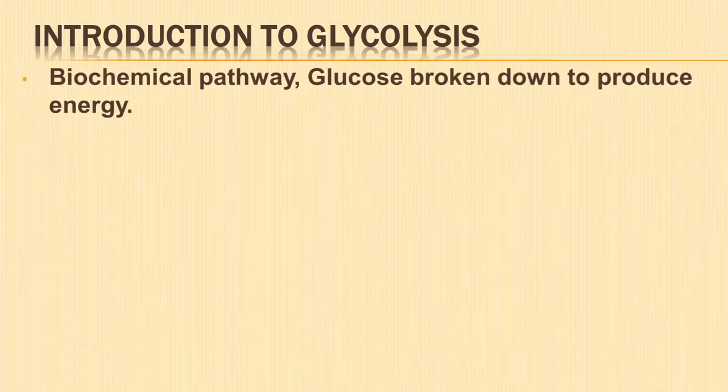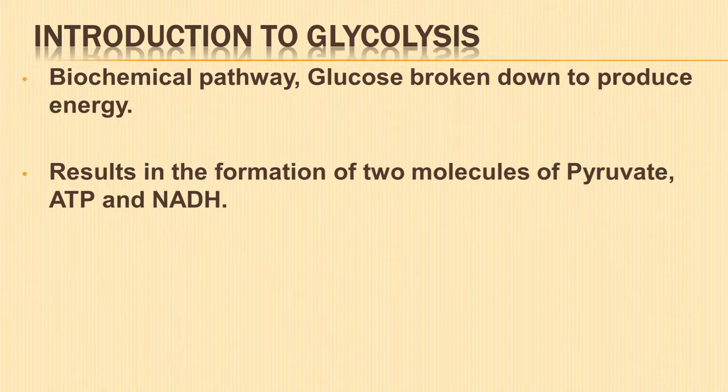Glycolysis is a biochemical pathway in which glucose is broken down to produce energy in the form of adenosine triphosphate. It produces two molecules of pyruvate, adenosine triphosphate, and nicotinamide adenine dinucleotide.